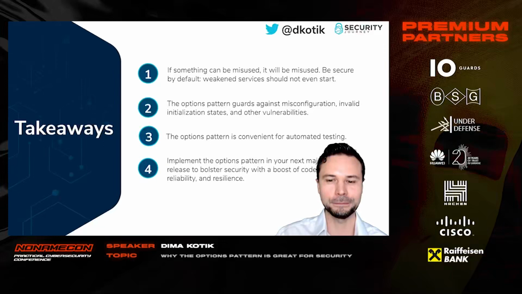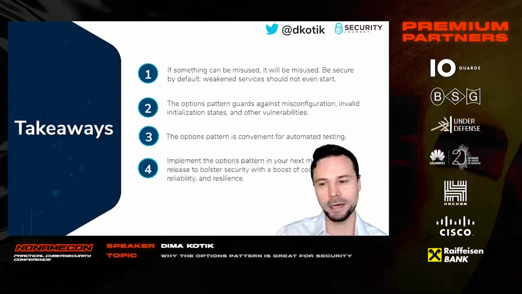And fourth, I hope I'm able to inspire you to implement the options pattern in your next major version release to bolster security with a boost of code readability, reliability, and resilience. Your program, your API, your library will be easier to use, it will be fun to use, and secure to use if it has the options pattern at its top API interface.